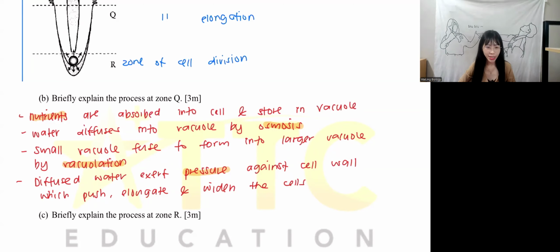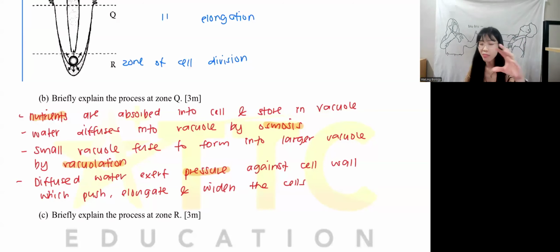Briefly explain the process at zone R. The answer to explain the process at R, division. Division also has 4 characteristics of the cell, right? The 4 characteristics of cell: thin cell wall, large nucleus, dense cytoplasm, and small vacuole.